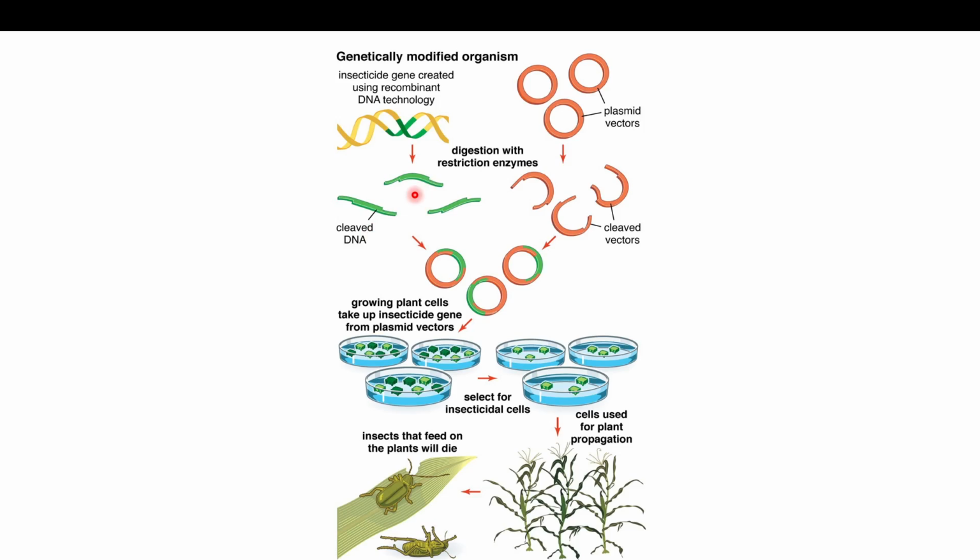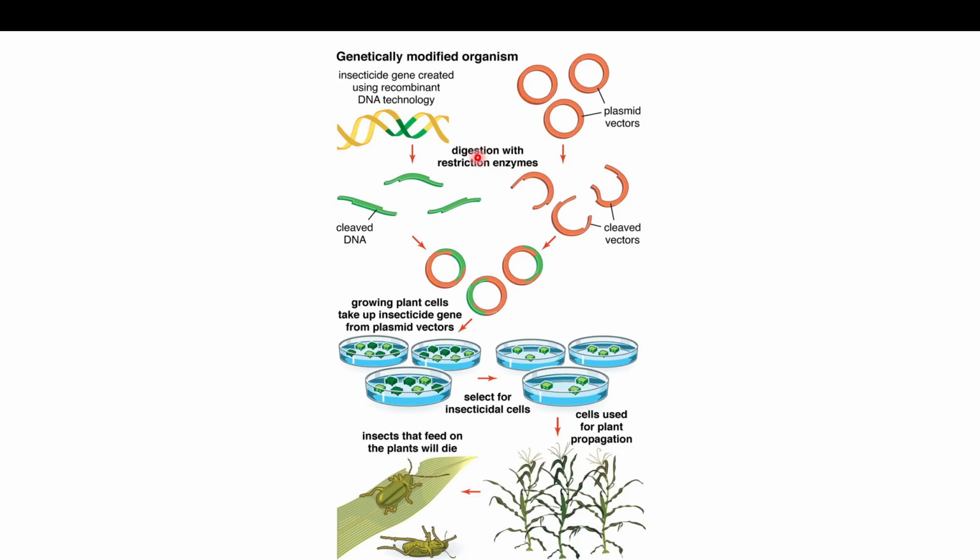This genetic sequence which encodes for the insecticide has to be carried into the plants, so that the plants can produce that insecticide, so that the pests or insects can't feed on the plants. So that has to be introduced into that organism.